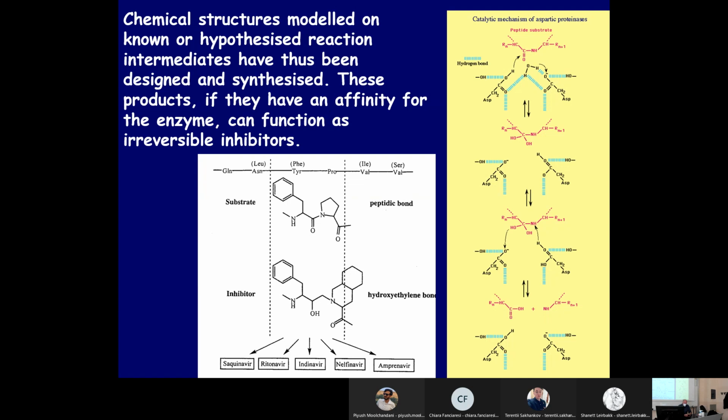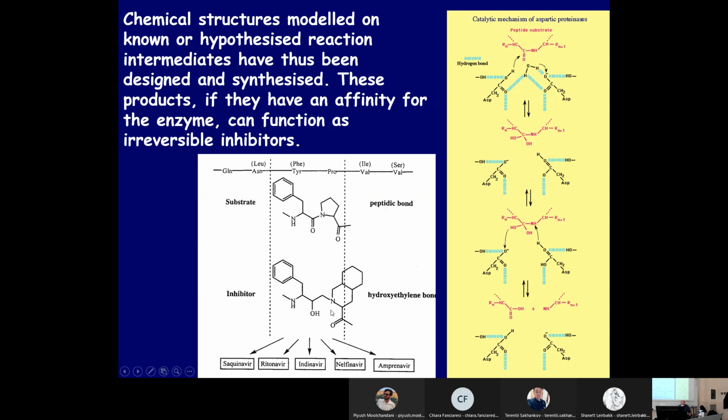So the scientists tried to design a quite stable alcohol just to mimic this type of molecule in order to have a selective inhibitor of this type of enzyme.